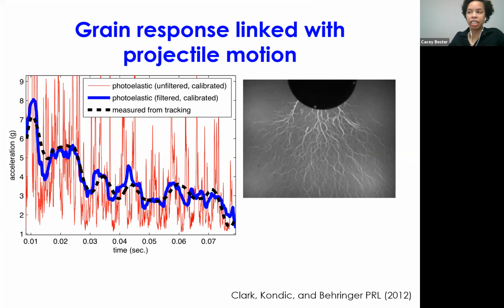The red curve is the unfiltered data of the intensity in our images as a result of the photoelastic response, and the blue curve is the result after we've filtered the data. We find in doing so that our filtered photoelastic response matches up nicely with a curve of the acceleration as measured from tracking the projectile.